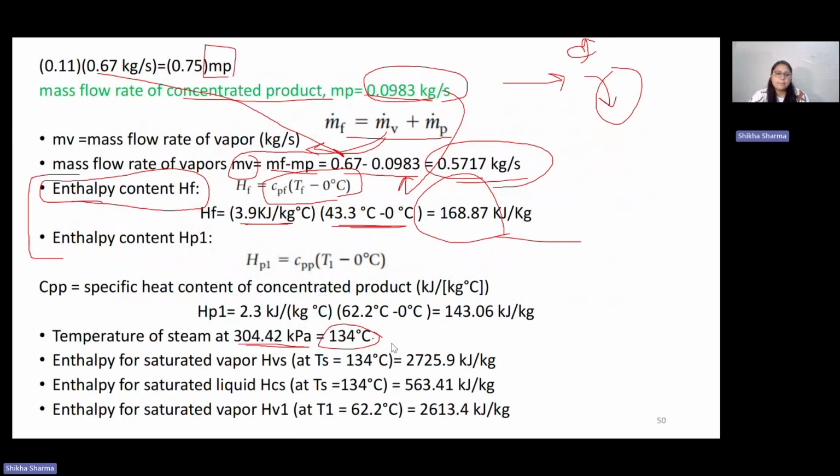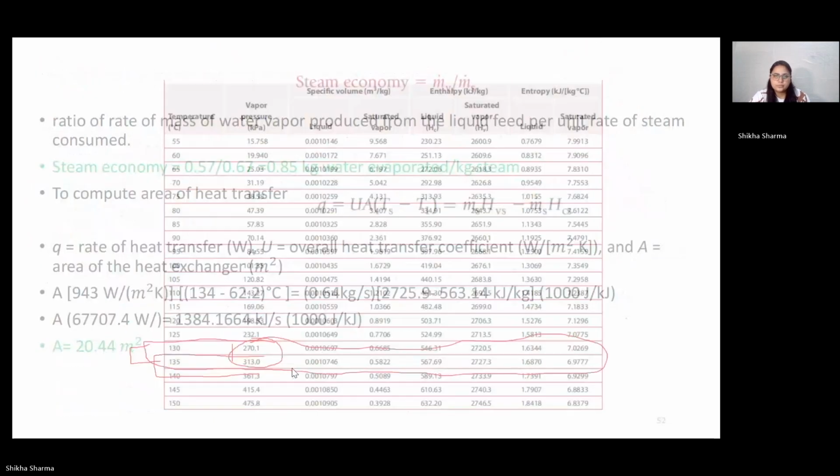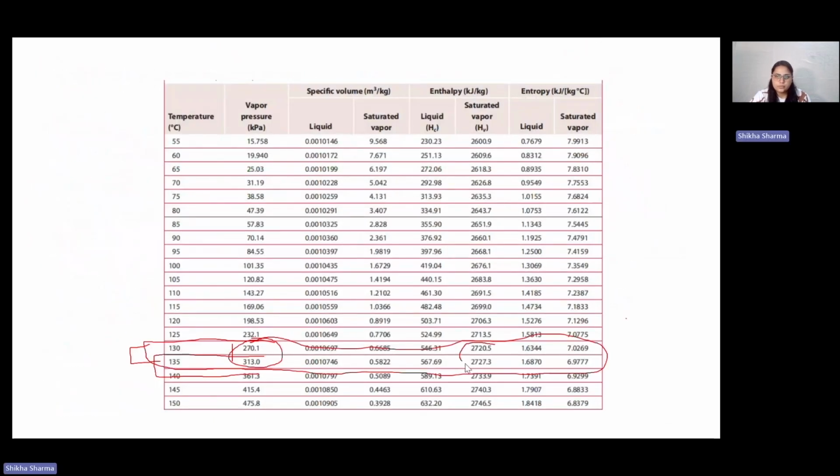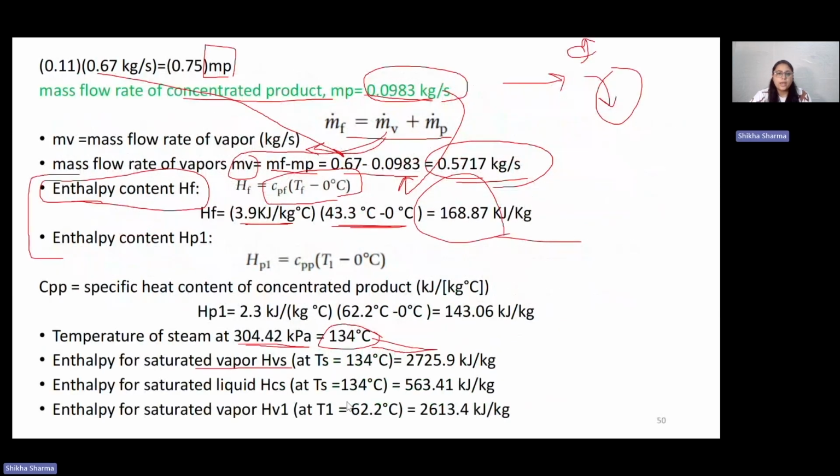So at this temperature, what is the enthalpy of the saturated vapor? We need to calculate it by interpolation. At 134 degrees Celsius, the saturated vapor enthalpy is 2725.9.